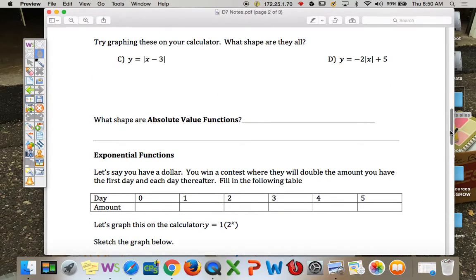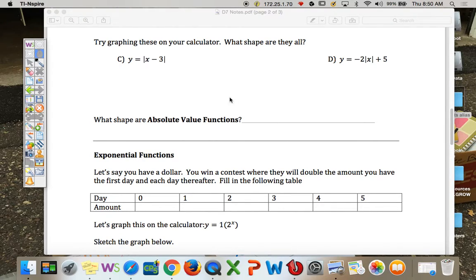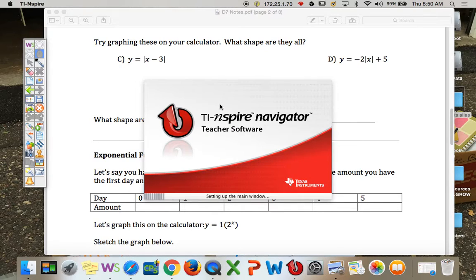Okay, try graphing these on your calculator. Are they also all V-shaped graphs? Well, let's try it. So I'll pull up my calculator. It takes a second to pull up.